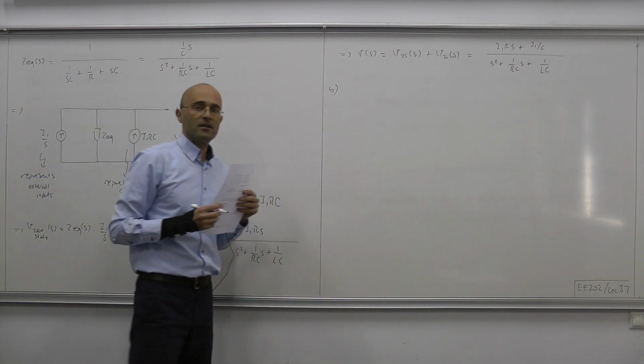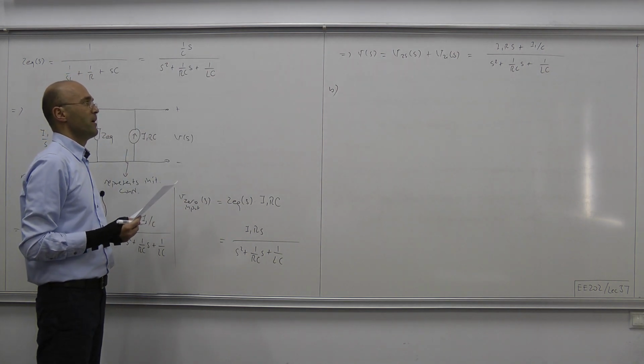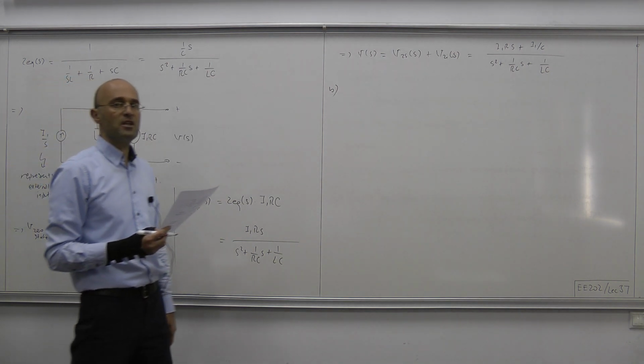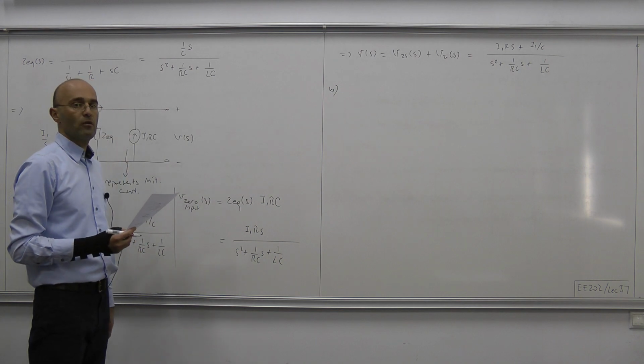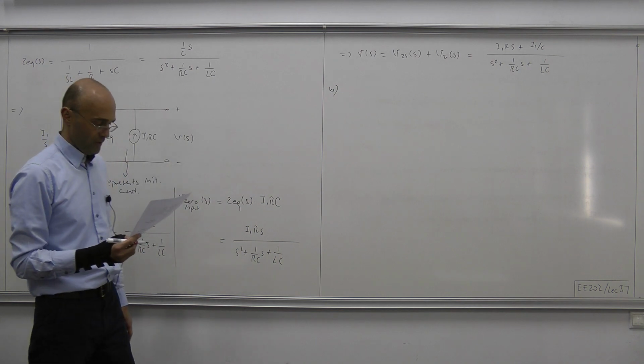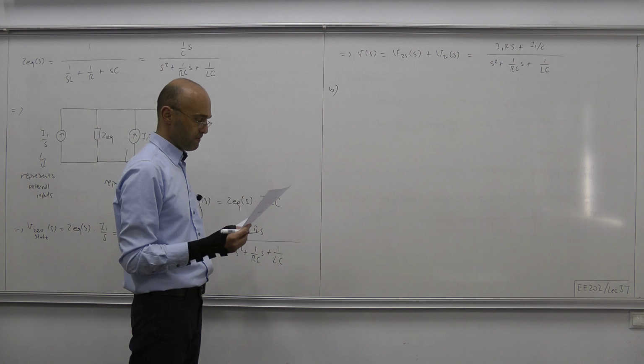Let's now figure out in part B the numerical value of v of t for the given values of certain quantities.